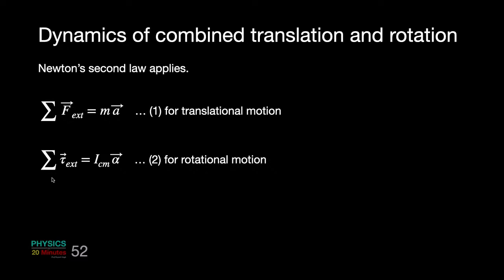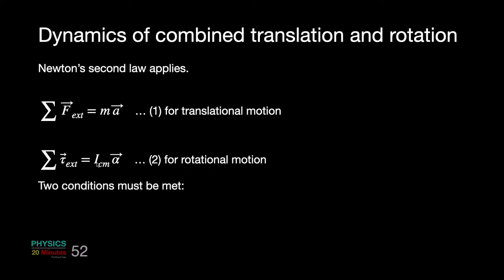Similarly, Newton's second law for rotational motion will also apply. This is an analog of Newton's second law for rotation. Total external torque is equal to the moment of inertia of the body about its center of mass into alpha, where alpha is the angular acceleration. So again, this will apply. There can be two types of torque, remember, clockwise or anti-clockwise, so you have to take the sum of all the torques.